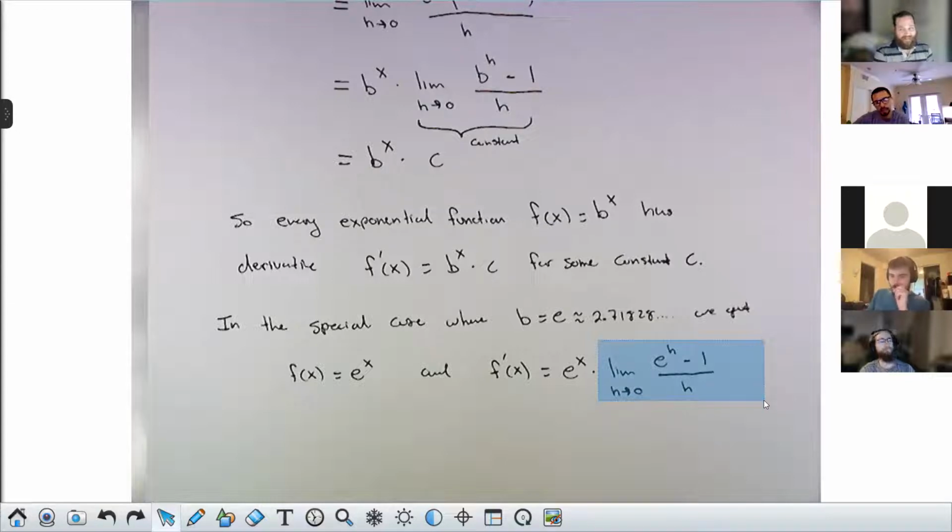It is, because in general, this limit is the natural log of b, and the natural log of e is 1.